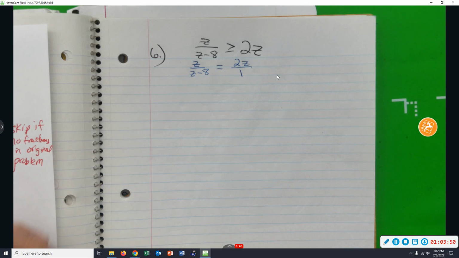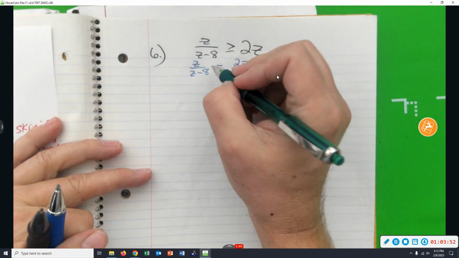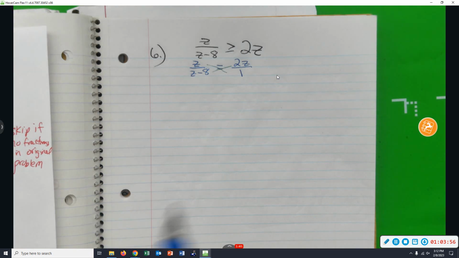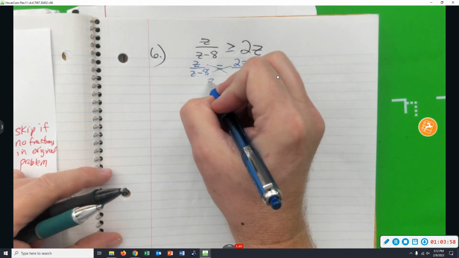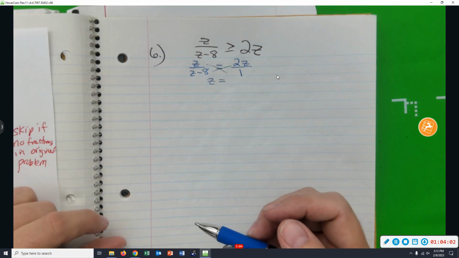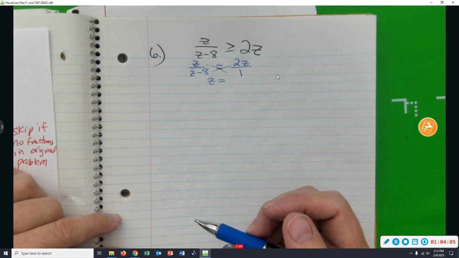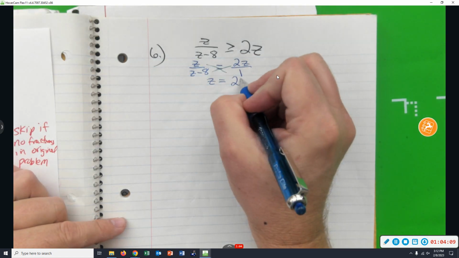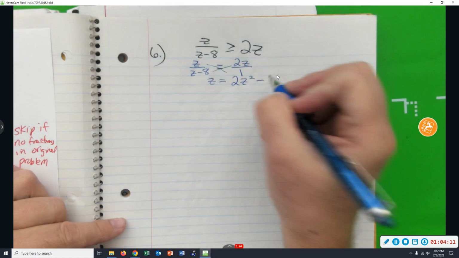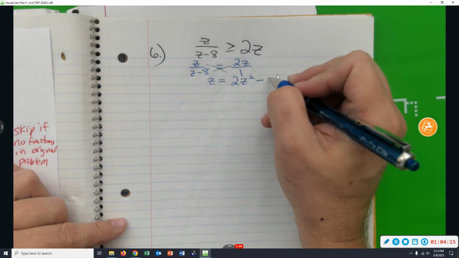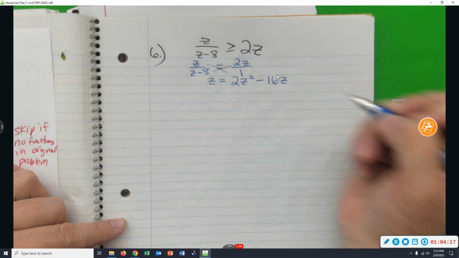And then we multiply and multiply. Z times 1 is just z, equals 2z times z minus 8. So that's a 2z squared minus, distributing the 2z times the minus 8, that's a minus 16z.